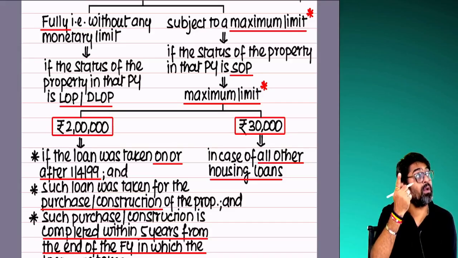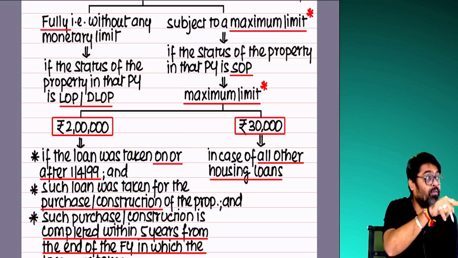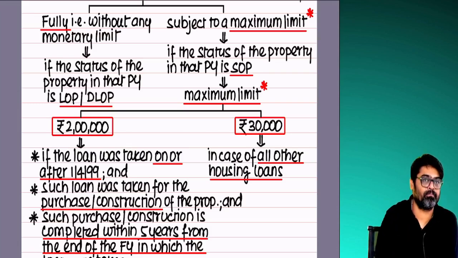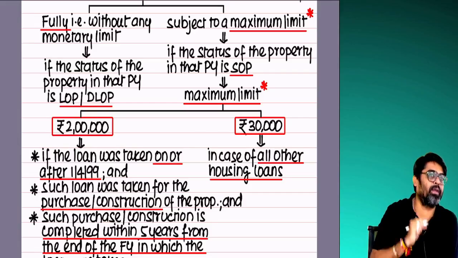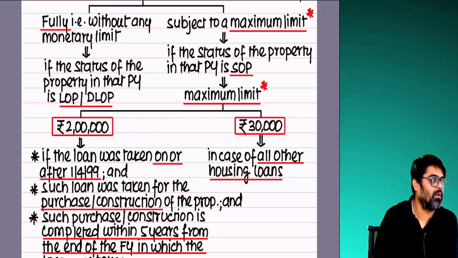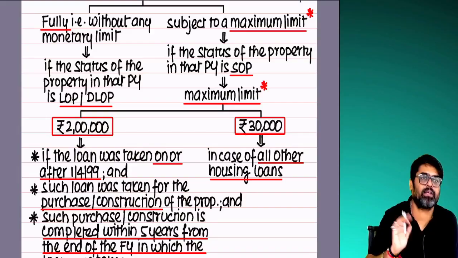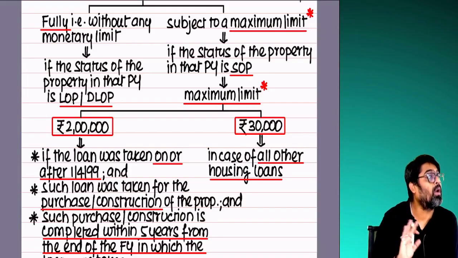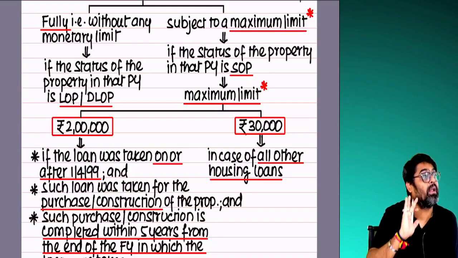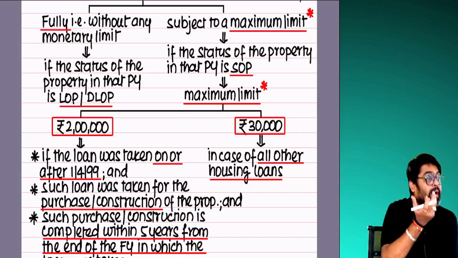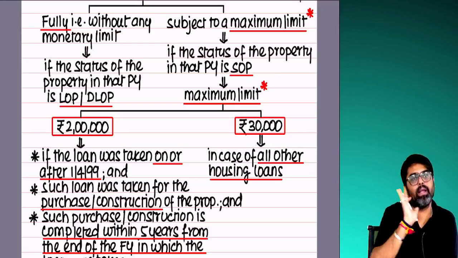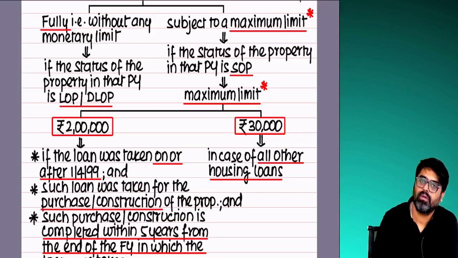Interest on loan taken for LOP, DLOP: how much interest becomes due in this year? 1 lakh, fully allowed. 2 lakhs, fully allowed. 5 lakhs, fully allowed. There is no monetary restriction or monetary limit on the amount of interest to be claimed for LOP or DLOP. Will you remember this?